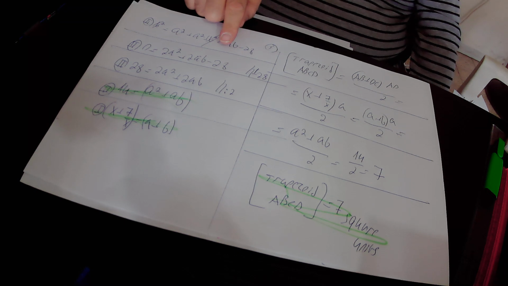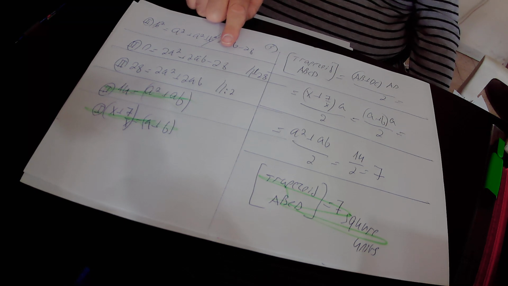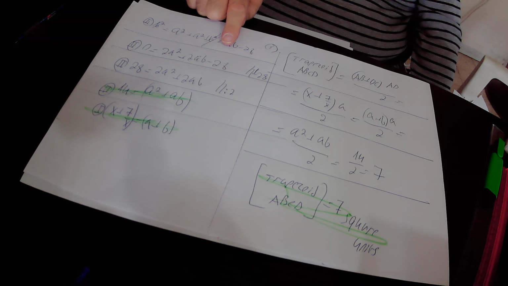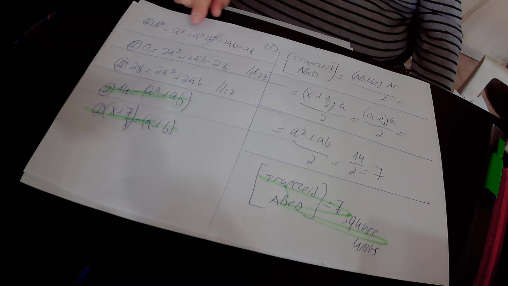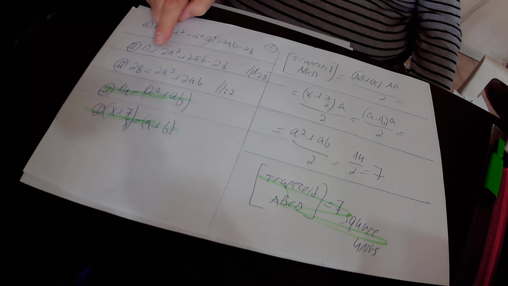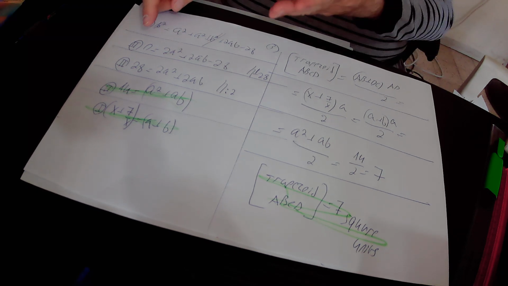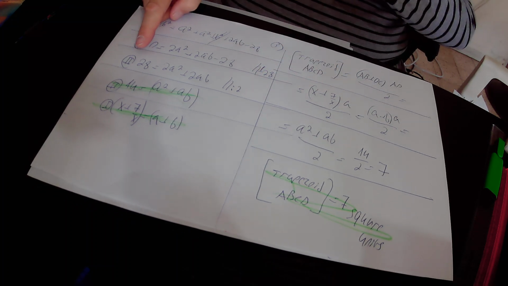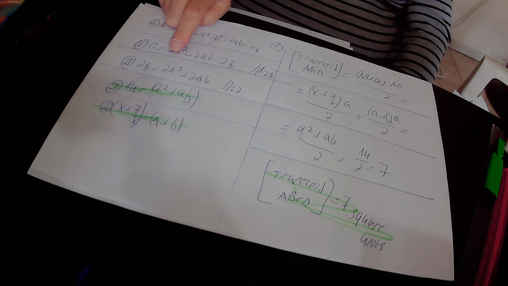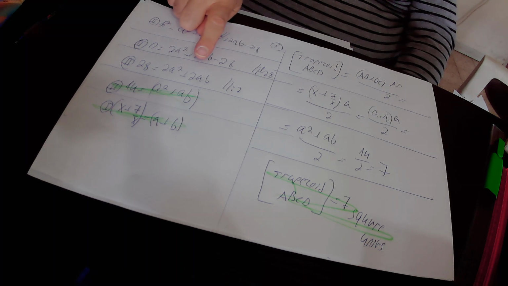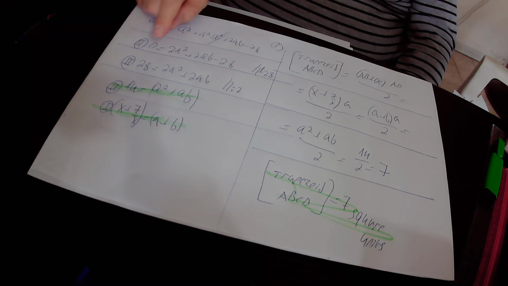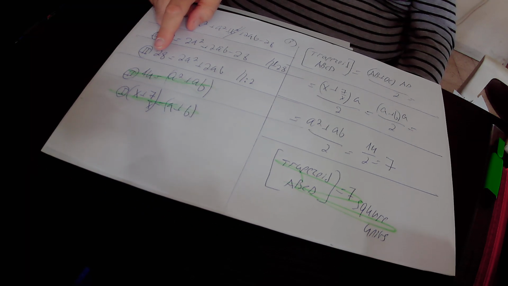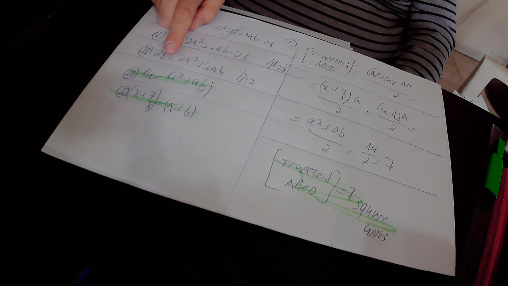Here we added 28 to this equation 2, and finally found out that 0 plus 28 is 28, equals 2a squared plus 2ab. Here we divided this equation 2 by 2, and finally found out that 28 over 2 is 14, equals 2a squared over 2 is a squared plus 2ab over 2 is ab. So in total, according to equation 2, we found out that 14 equals a squared plus ab.